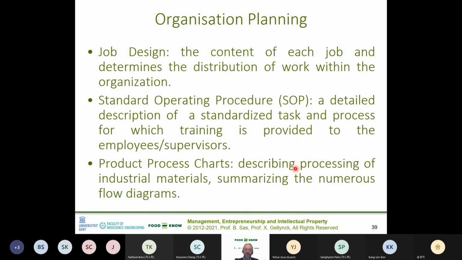Product process charts. It's describing the processing of these industrial materials, and then designing it into numerous variety of flow diagrams.